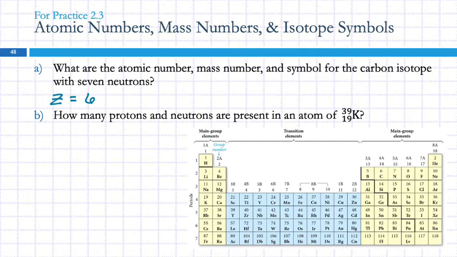We have to take the number of protons and add the 7 neutrons. So the mass number is 13. And then the symbol. So the nuclear symbol would be carbon, and we put the mass number on top and the atomic number on the bottom. Or we could also call this C13.